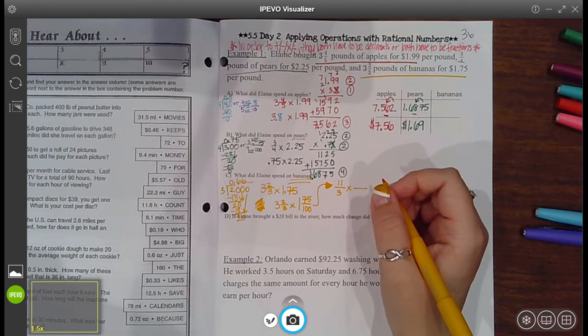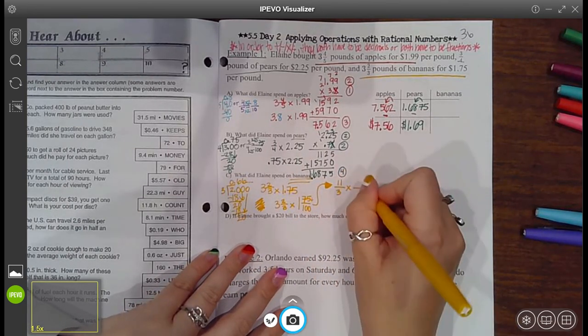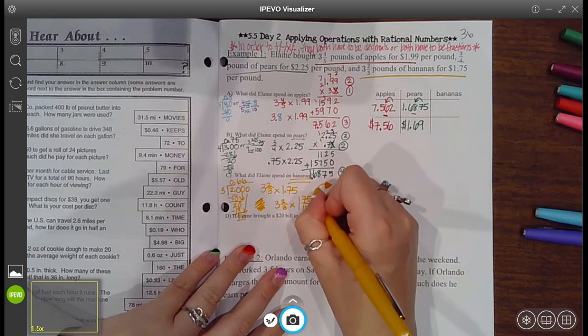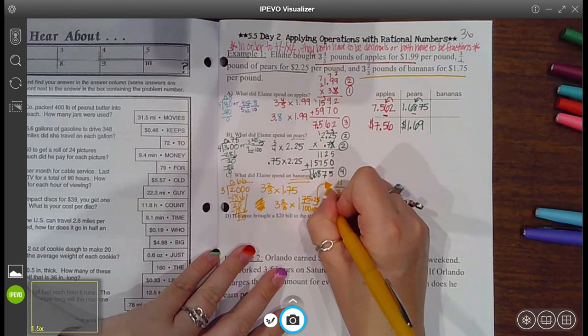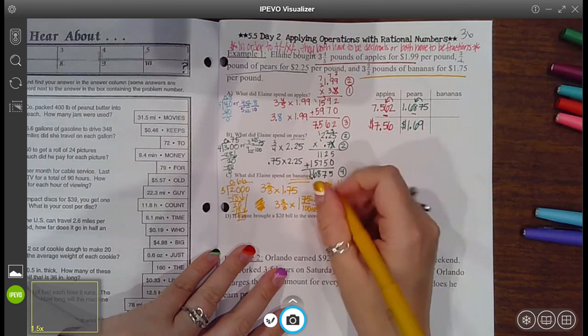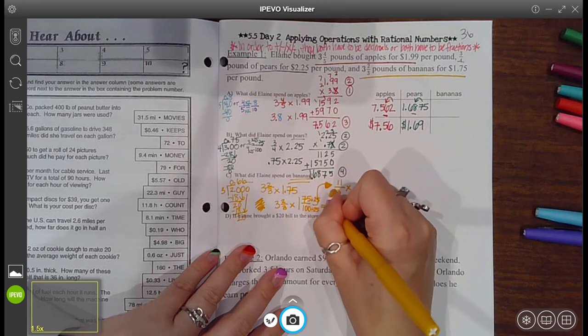But can I reduce that fraction, 75 over 100? You can by 25, right? Because otherwise, this number just might be ginormous. So let's reduce that first. And you have 1 and 75 divided by 25 is 3, and 100 divided by 25 is 4.